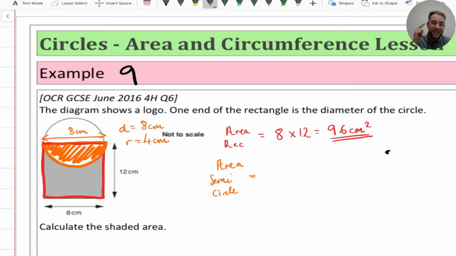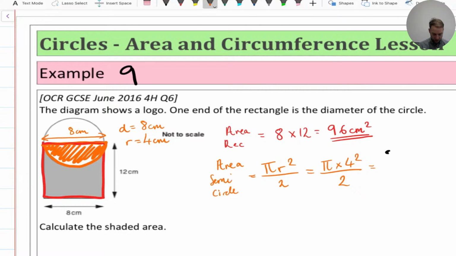Now, because it's a semicircle, I need to do half the area of a circle. So it's going to be pi r squared divided by 2. So that's going to be pi times 4 squared divided by 2.